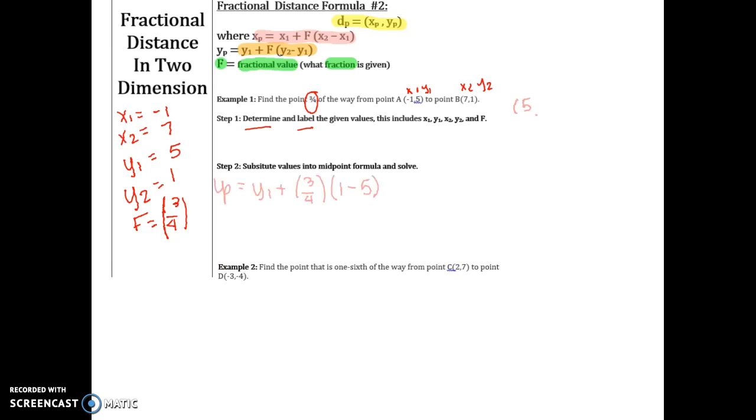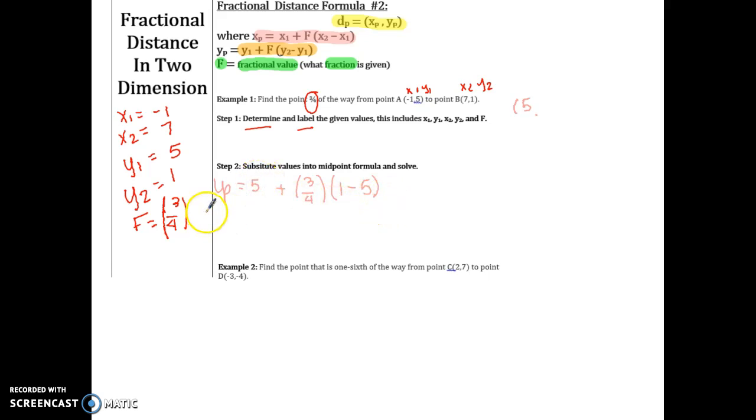All I did here was change our formula, and actually I forgot to do y1 for some strange reason. I guess I was just copying it down. So let me go ahead and get that replaced. So y1 is actually 5. So let's get that replaced.